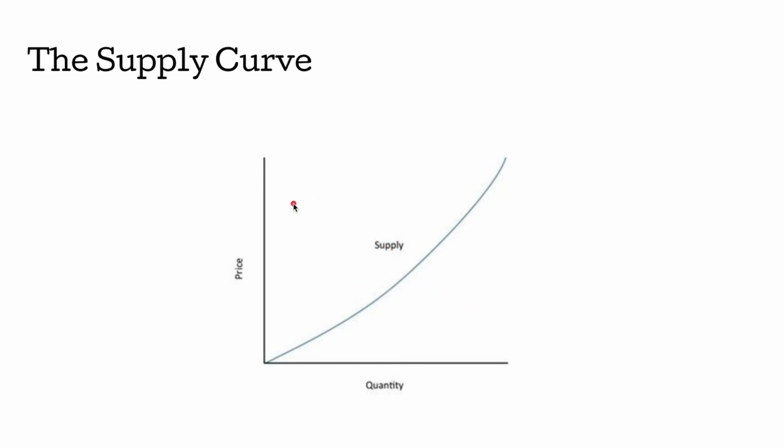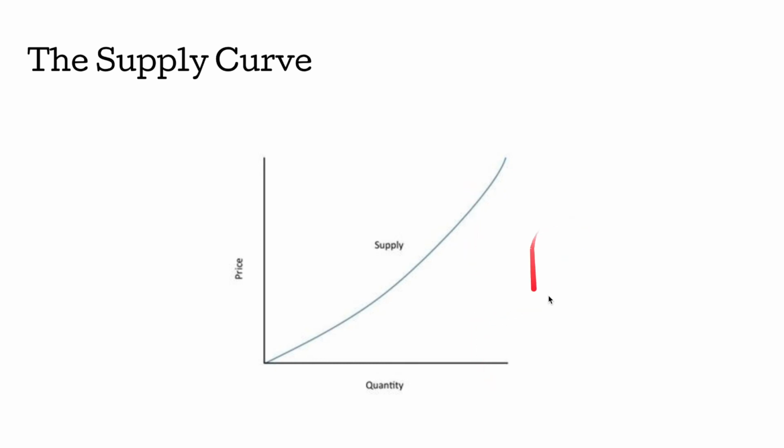If you're a consumer buying strawberries or whatever good, as the price increases, more and more consumers won't want that good, so the quantity demanded will be low. But for supply, as the price goes up, more and more producers will be incentivized to produce more and more of that item, in this case strawberries, and for that reason the quantity supplied will also go up.